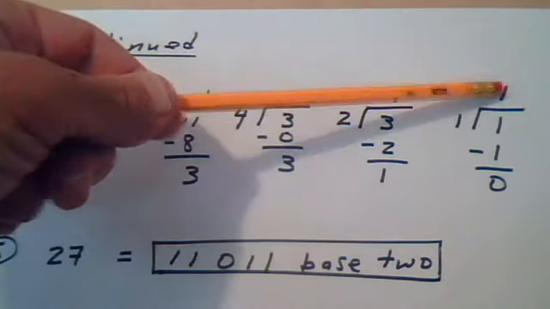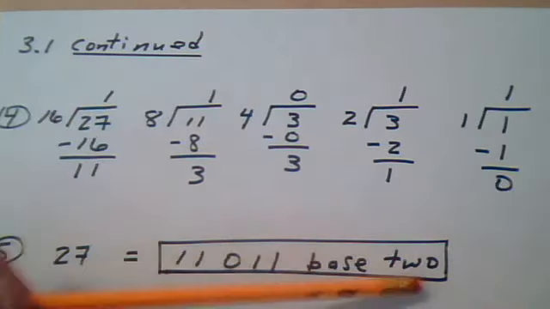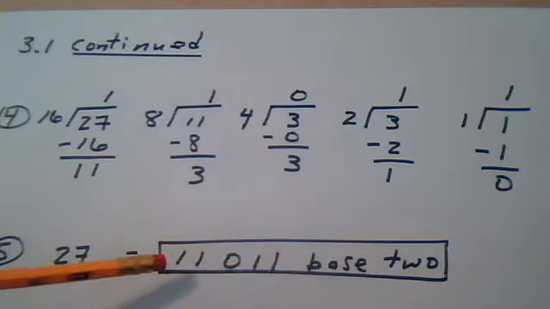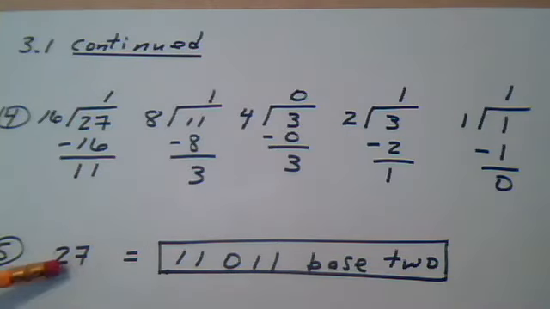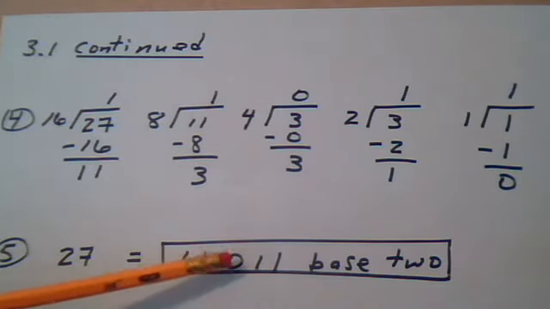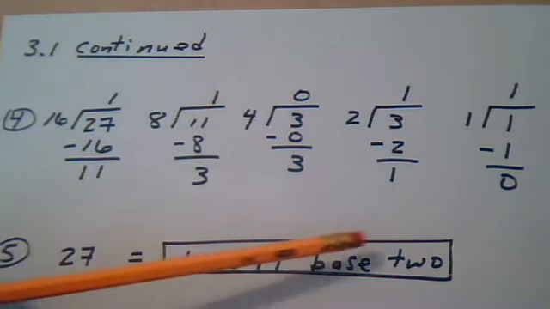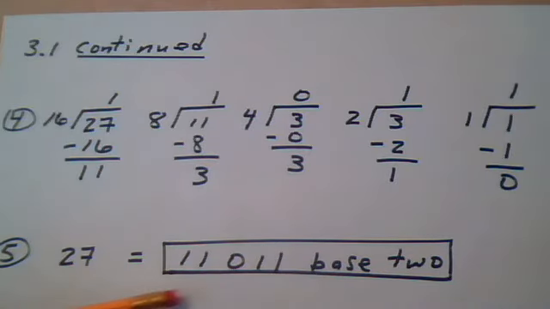Well, that's 1. That's why this is a 1. Remainder 0. So this number is the number in base 2. So 27 can be written as 1, 1, 0, 1, 1, base 2. So in the base 2 world, this is the way a 27 looks like.